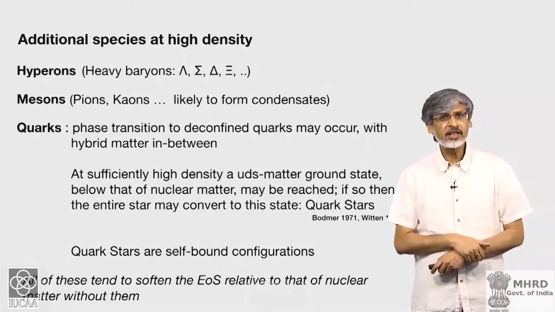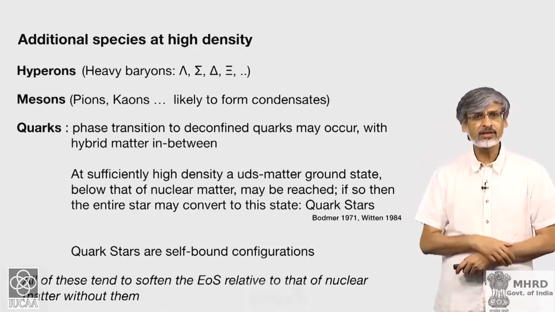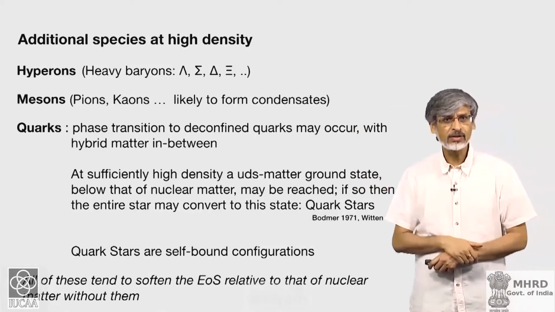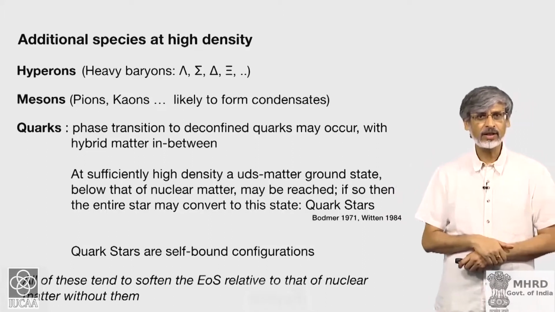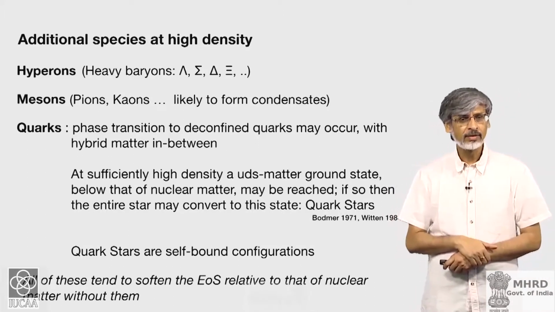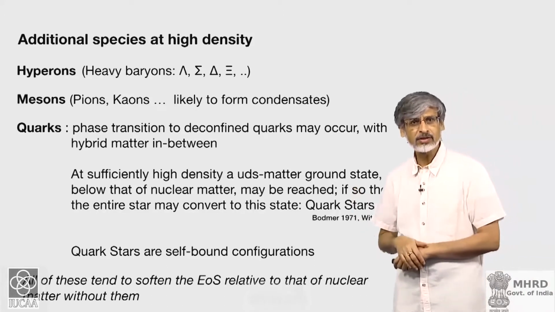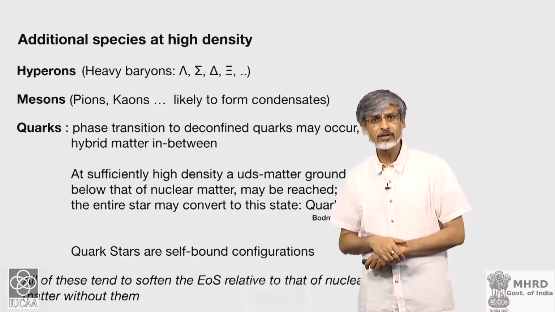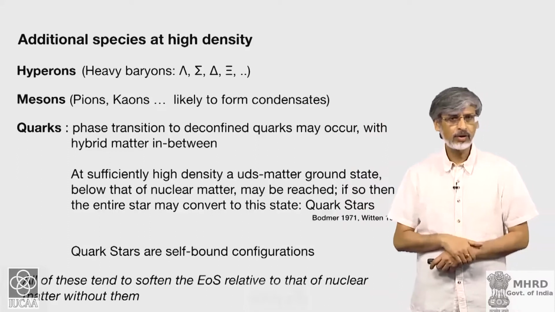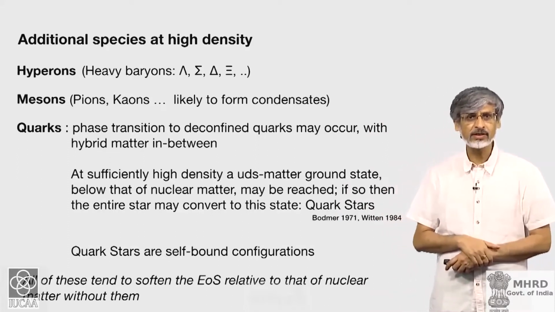So, the additional species that can appear at these high densities include hyperons, which are heavy baryons like lambda, sigma, delta, chi, and so on. Mesons, including pions, kaons, so that is both with and without strangeness.